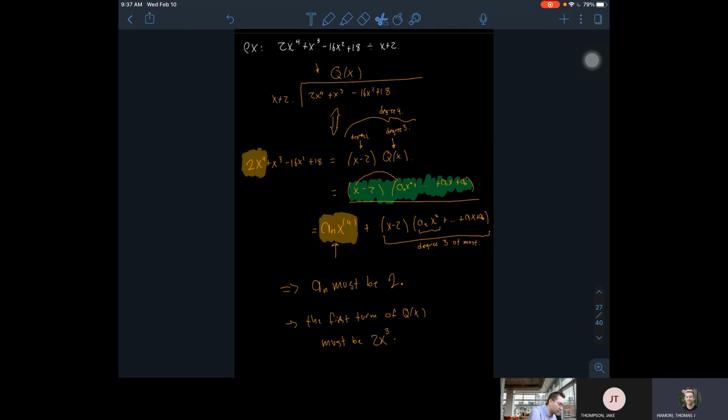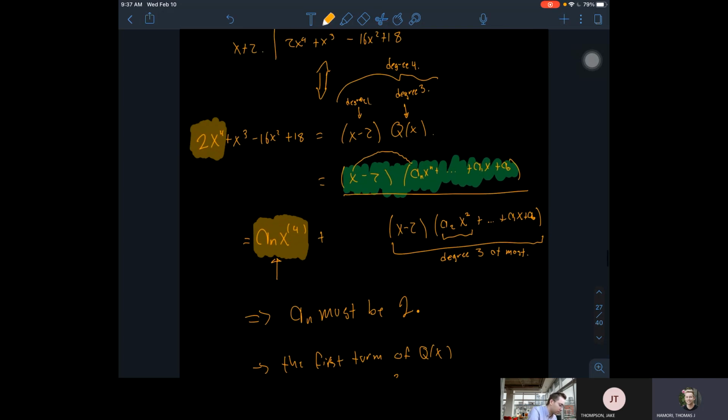And there's something missing from this equation here. We should also have minus 2an x to the power 3 there.